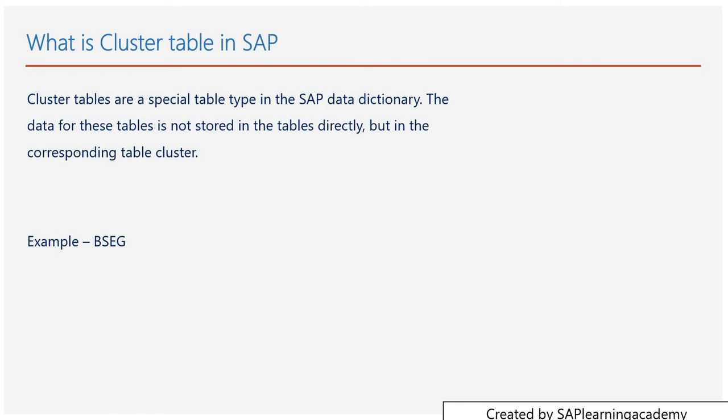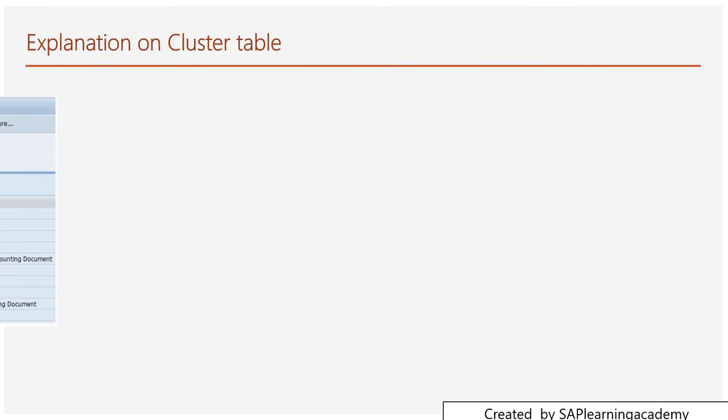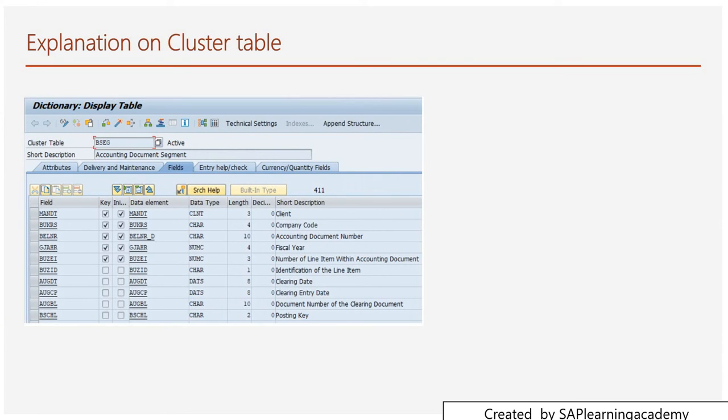And now I will tell you about the table cluster. Okay, now we are moving to the next page, and here we'll talk more about the table cluster. This is a screen from BSEC, and I have just shown some of the fields from BSEC, and this is a standard SAP table with standard SAP fields.